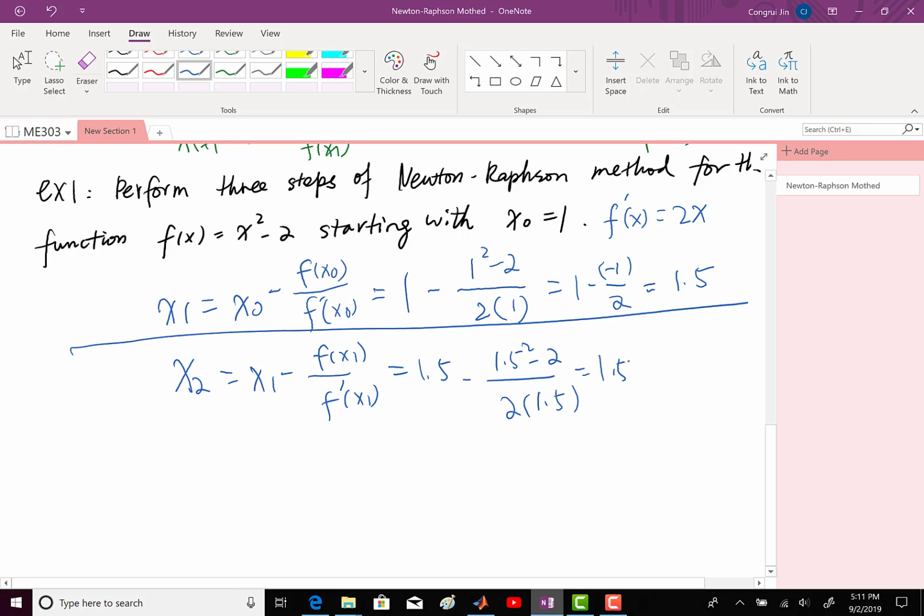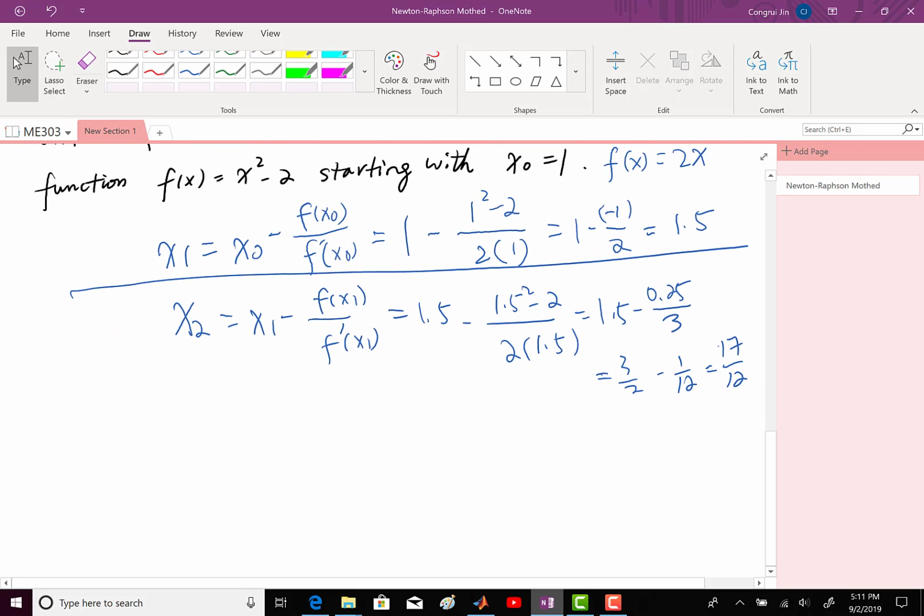So it's 1.5 minus 0.25 over 3. This will be 3 over 2 minus 1 over 12, which is 17 over 12. So this is the result for x2.